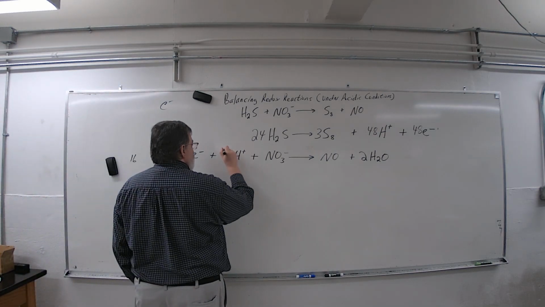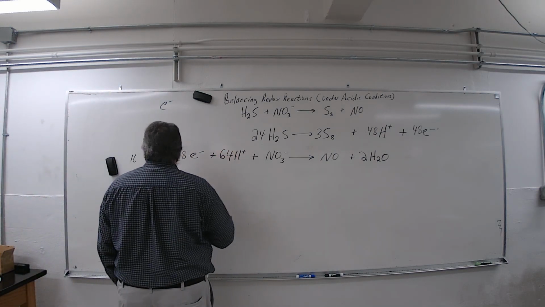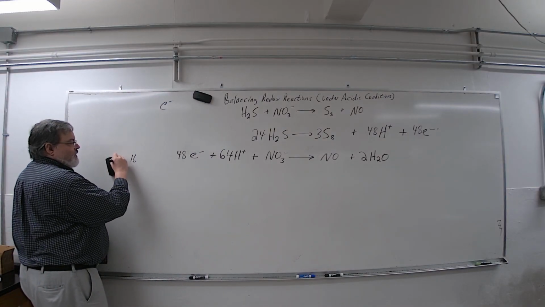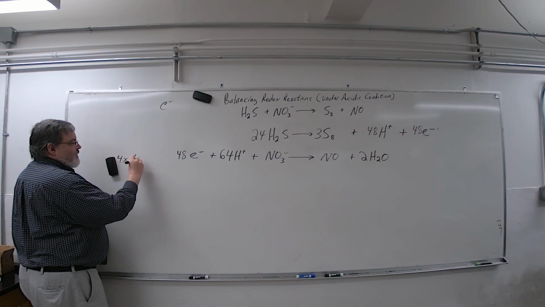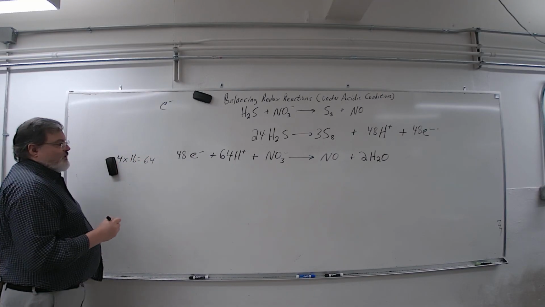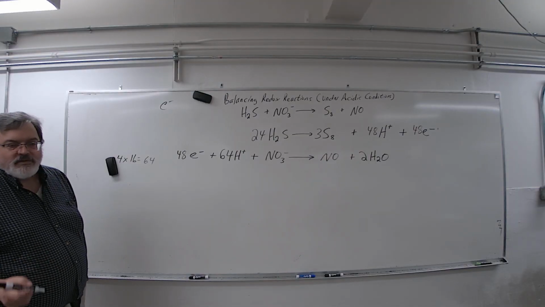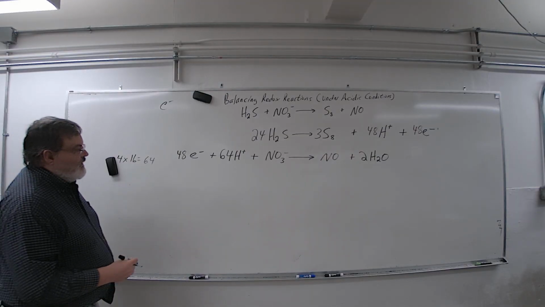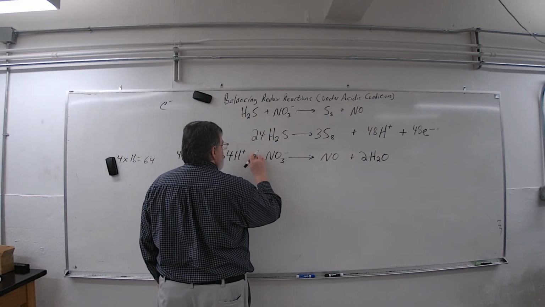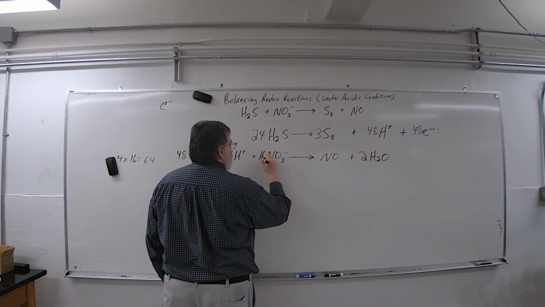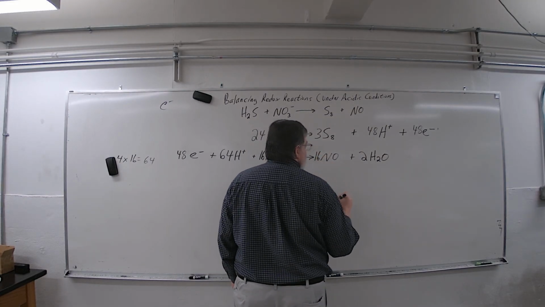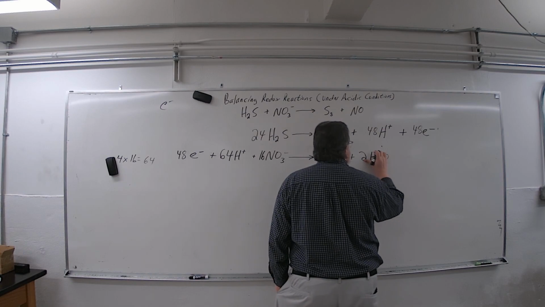Is that right? Two times 16 is 32. 2 times 32 is 64. And multiplying by 16. 2 times 16 is 32.